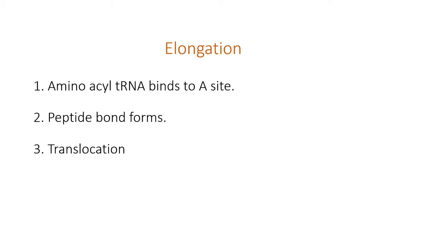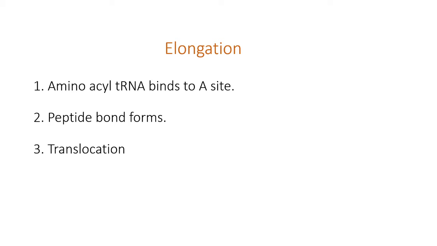Next, elongation. Elongation includes binding of aminoacyl tRNA to the A site, then peptide bond formation, lastly translocation. Now, details of each part.